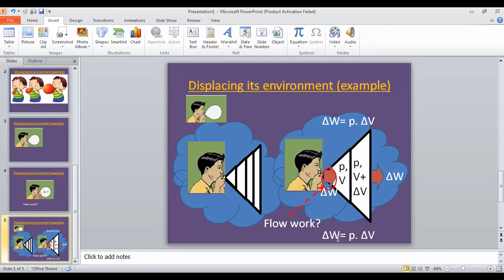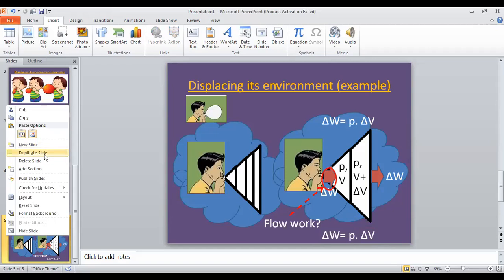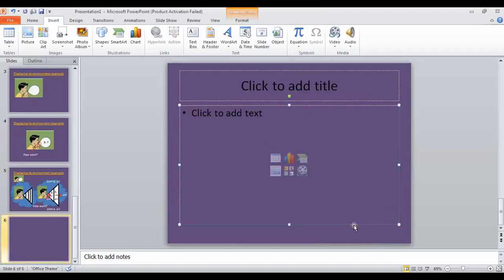So there is always an energy component related to this within the flow, to make the flow possible. So let me go for an example.